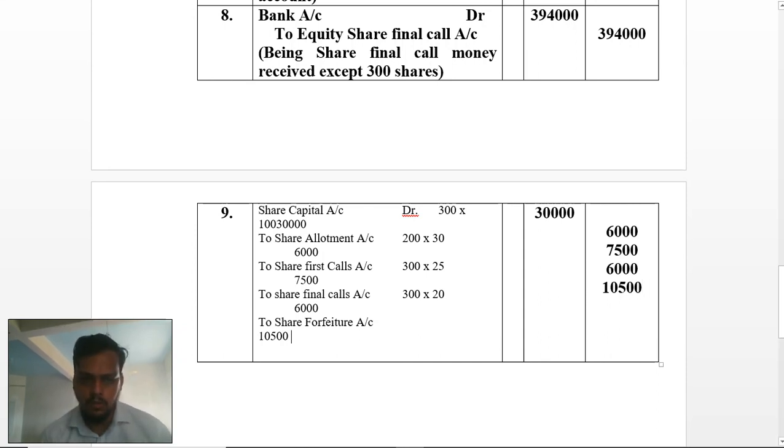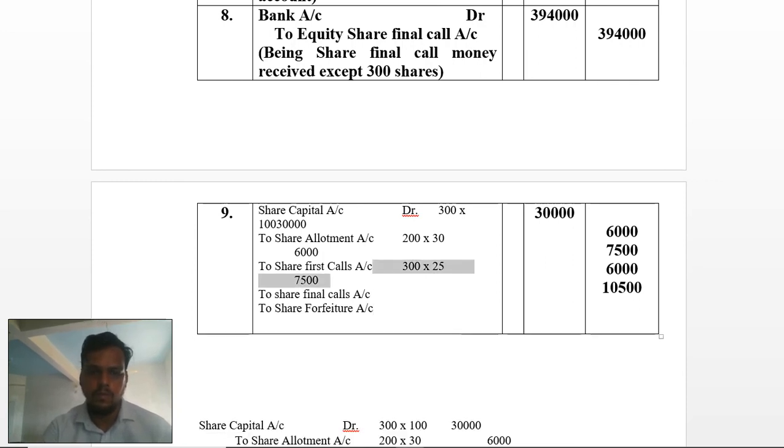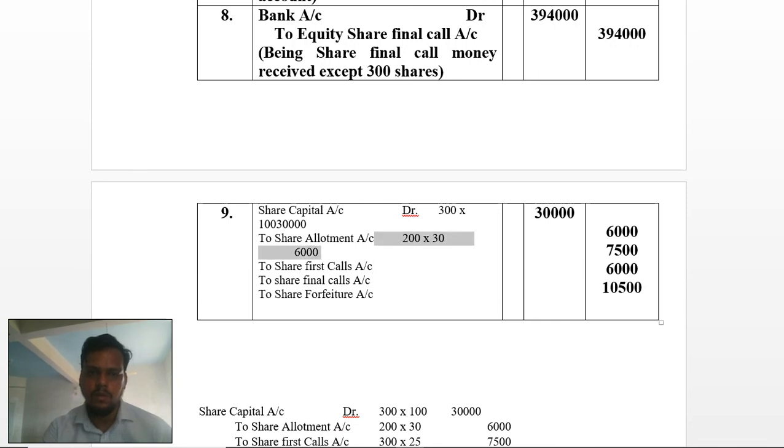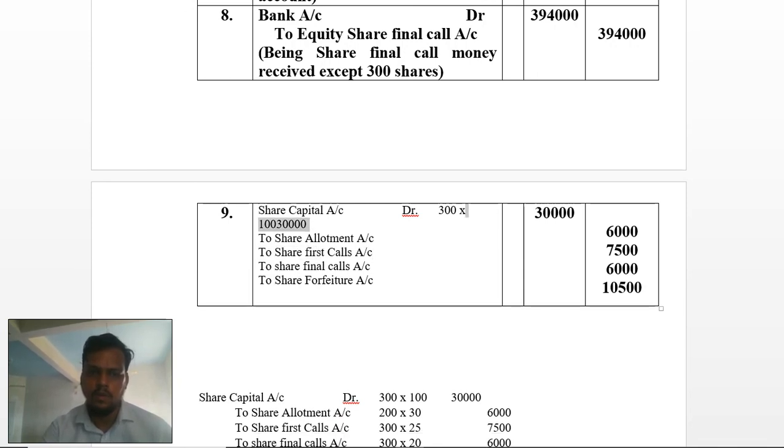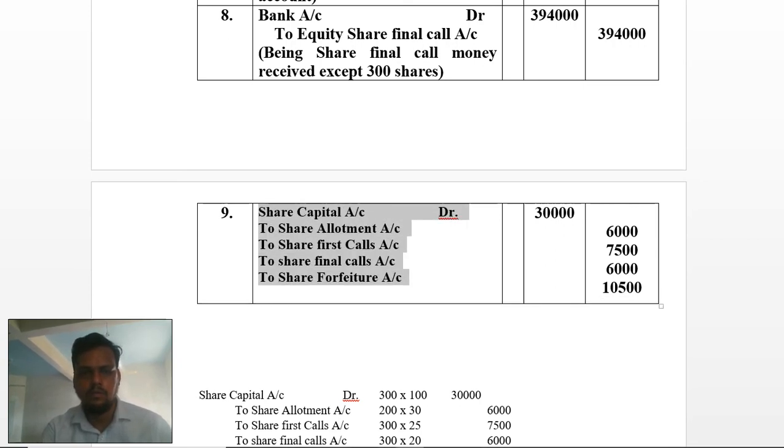This much amount has to be entered in the question. I'll bold it, don't worry. This much entry has to be done for forfeiture.